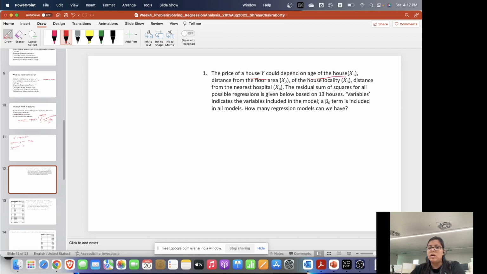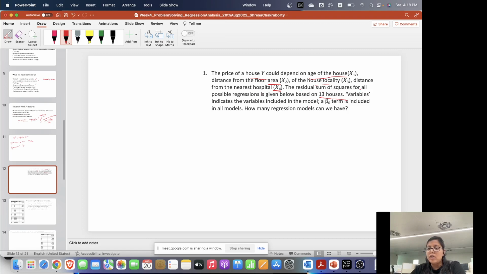One is the age of the house, whether it's newly constructed or an old one, the floor area, the locality where it's present, and the distance from the nearest hospital. Data was collected from 13 houses, and we have calculated the residual sum of squares for all the possible regressions.